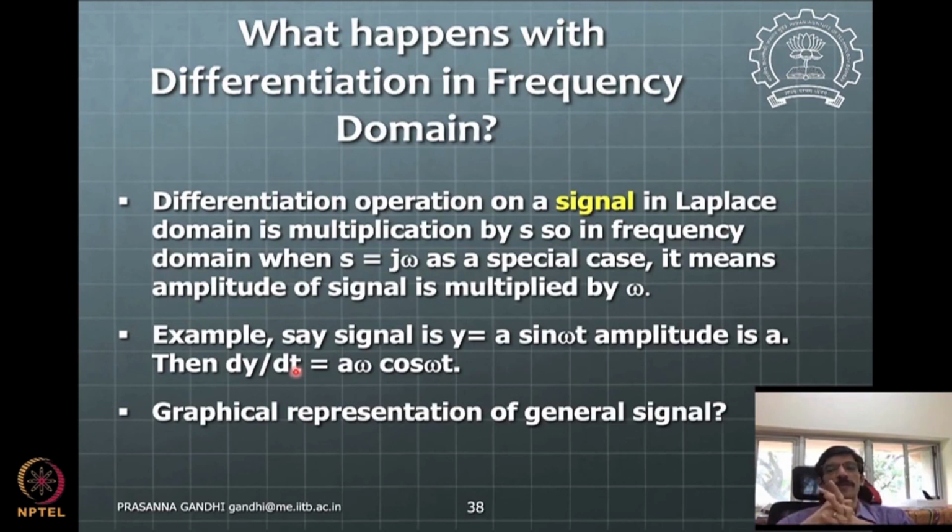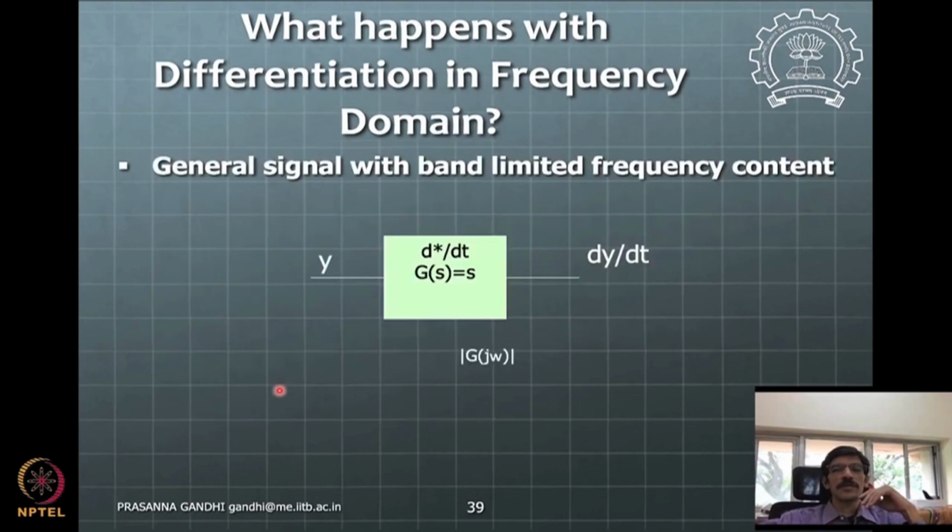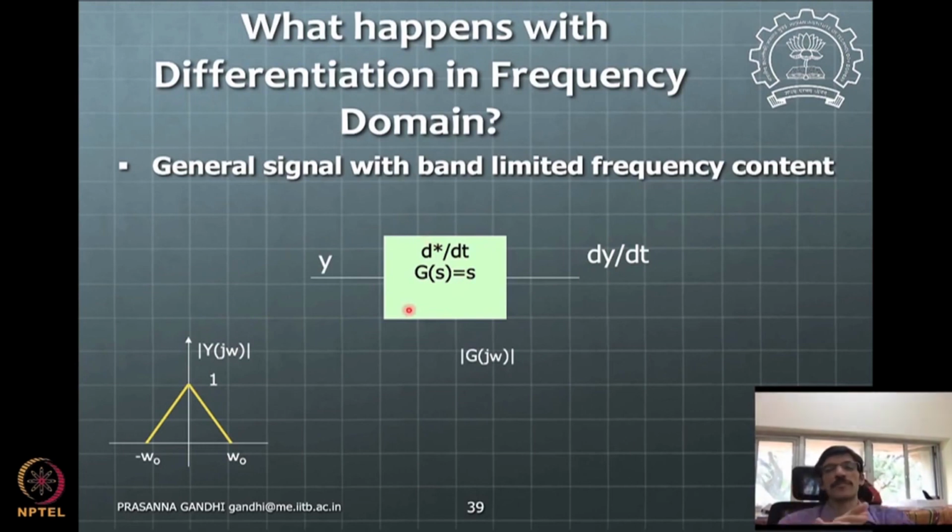Graphically, if you have a signal here and you use this differential operation, you differentiate and get a signal dy by dt here. Let's say this operation is an ideal continuous domain differentiation. We are not approximating it using forward or backward difference formulas. I'm just saying this is a full differentiation.